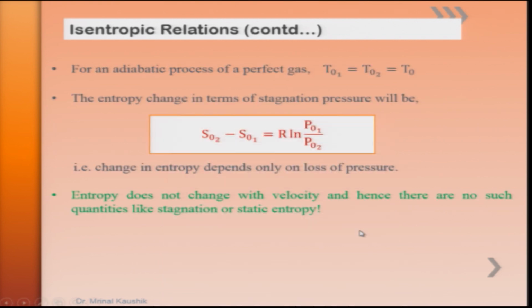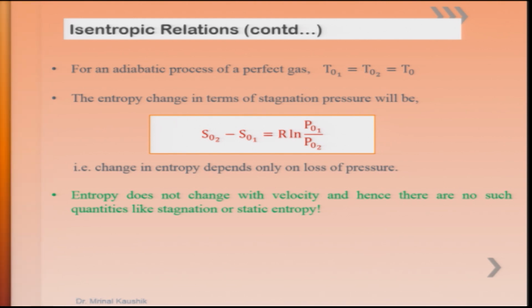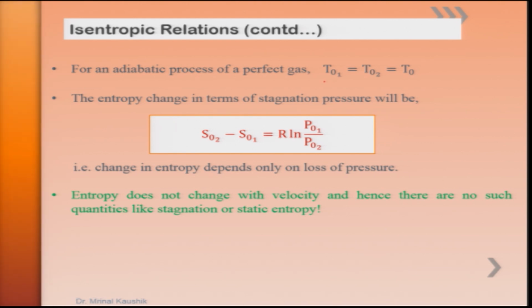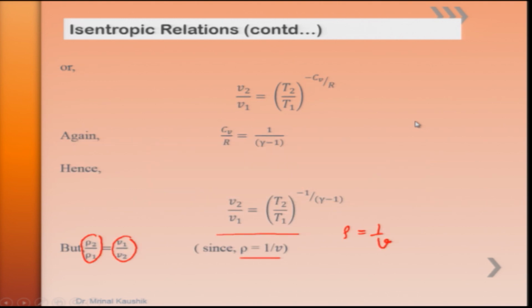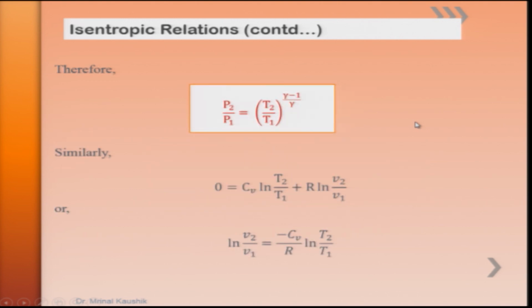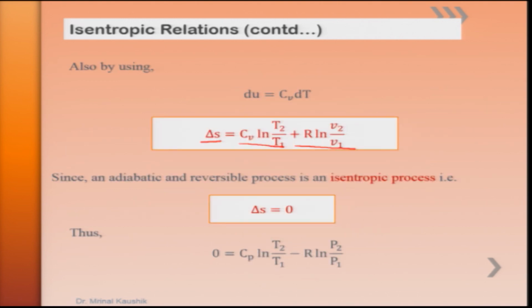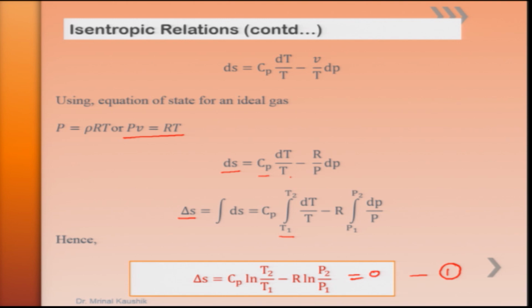And hence, further, for an adiabatic perfect gas, T naught essentially in the state change is constant. If we consider the relationship for the entropy change in terms of temperature and pressure, using the previous expression, that means Cp ln T2 by T1 minus R ln P2 by P1.